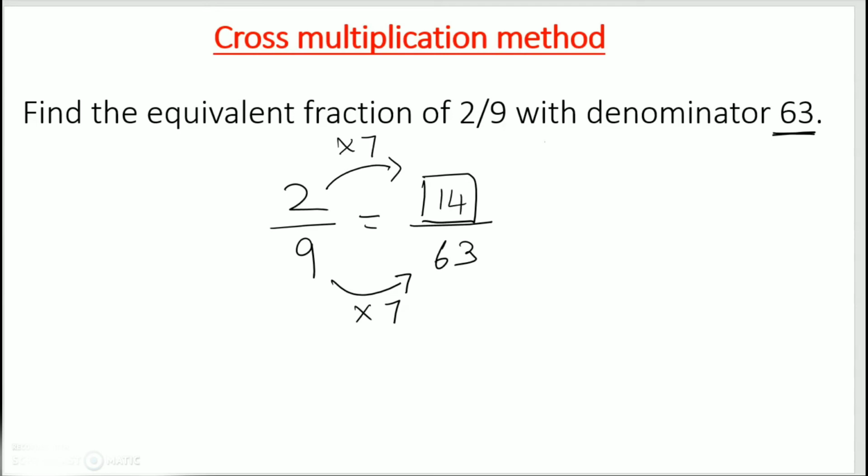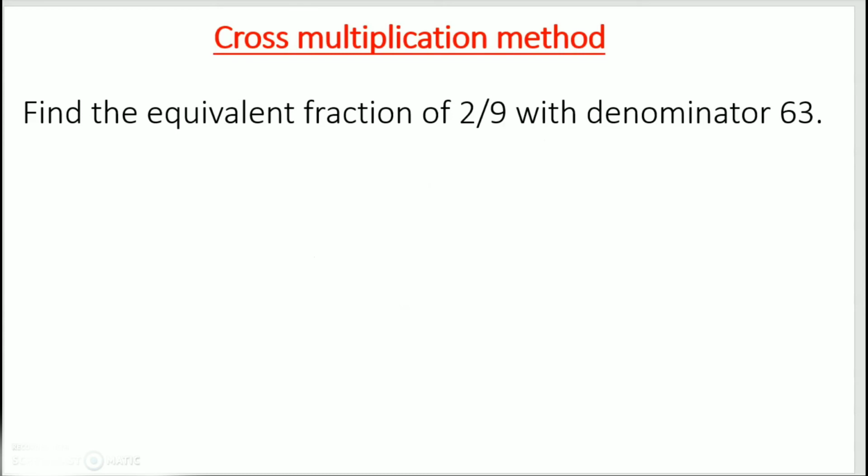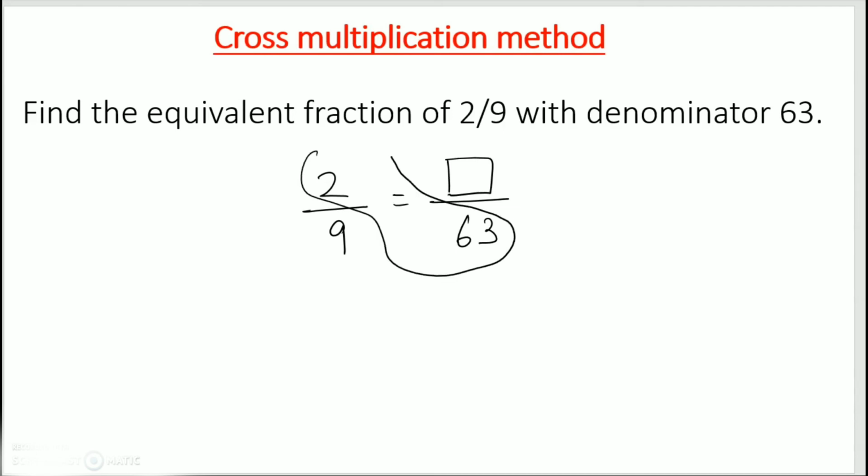So 14 is the answer. This is following the previous method. But by cross multiplication, how do we do it? We can do 2 over 9 equals, numerator we need to find out, denominator is 63. So what we have to do is multiply the numerator of the first one and the denominator of the second one. And let's say the numerator is n. And we need to multiply 9 and n.